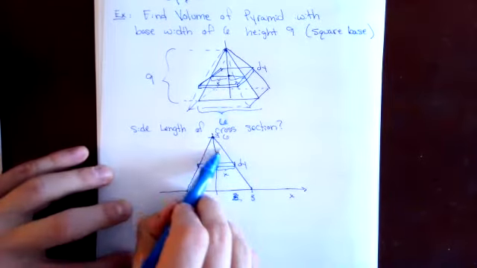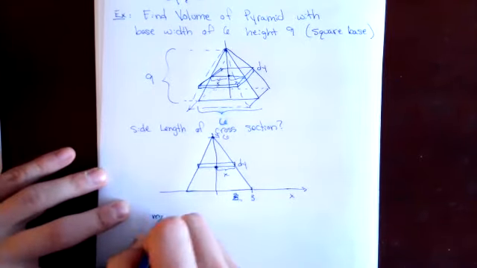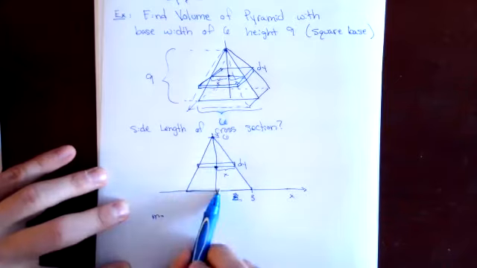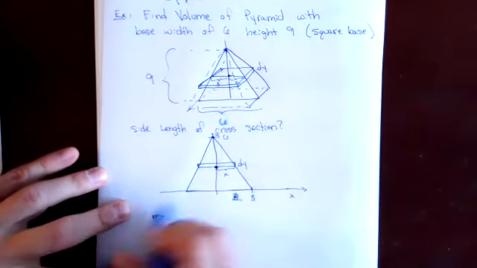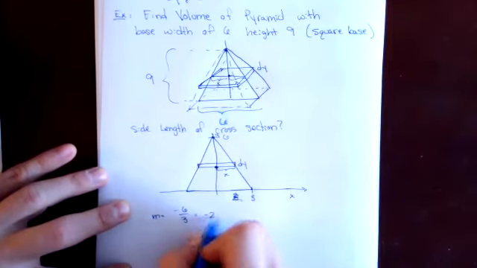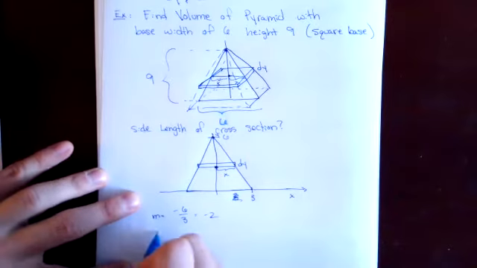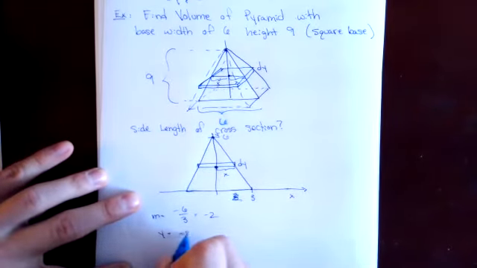So how do I model this line? Well, we could use point slope. So our slope is I go down 6, right 3. So slope is -2. And the equation of our line is y equals -2.